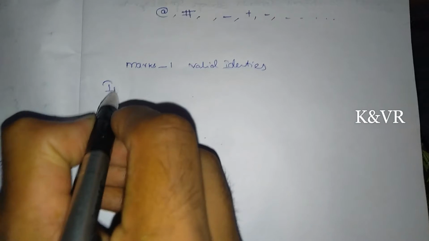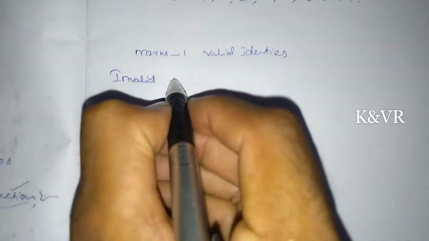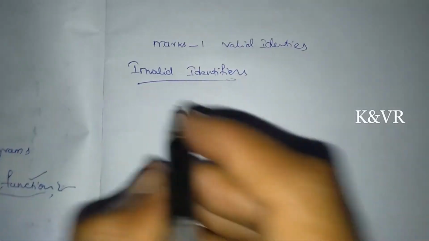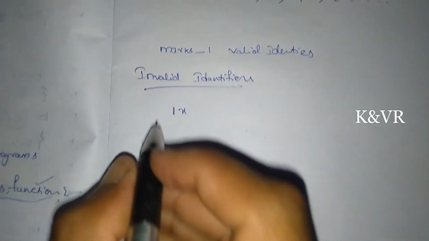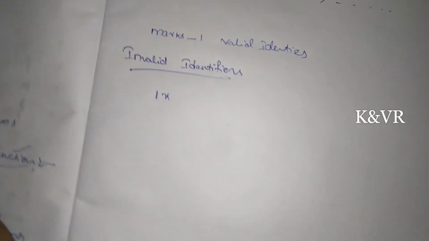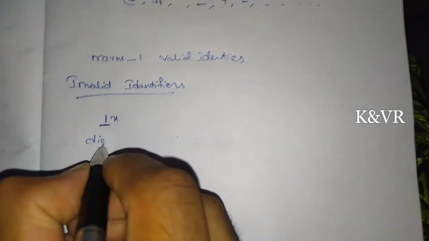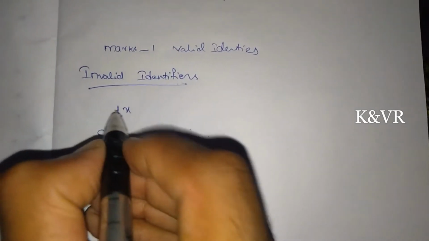And now some invalid identifiers. They are 1x. It is starting with a digit, so it is not a valid identifier.